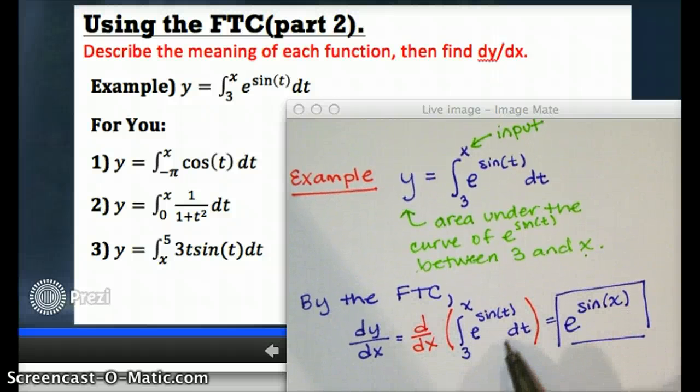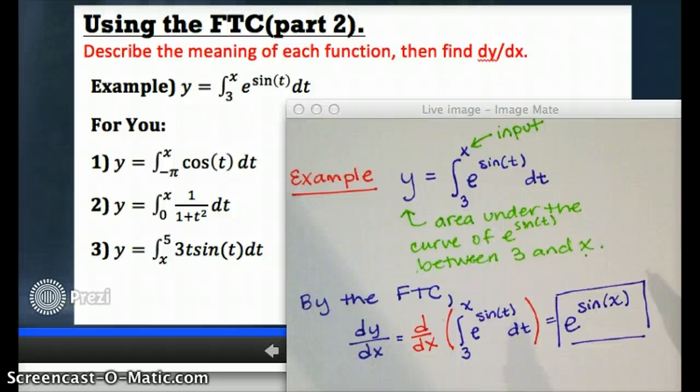I just took that function inside and I replaced the variable to become an x. 3 didn't affect my answer at all. I strongly urge you to think about the fundamental theorem of calculus in terms of the idea. Do not just get in the habit of automatically replacing the inside. You'll end up in problems later. The idea here is that that variable x becomes a function, and the t's do go away.